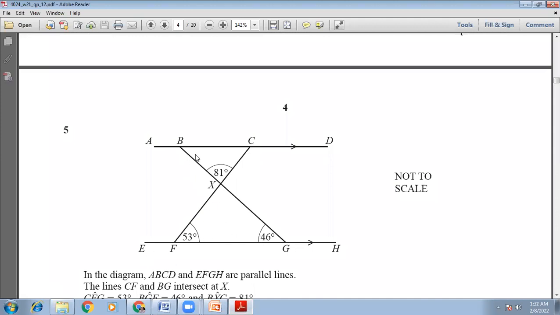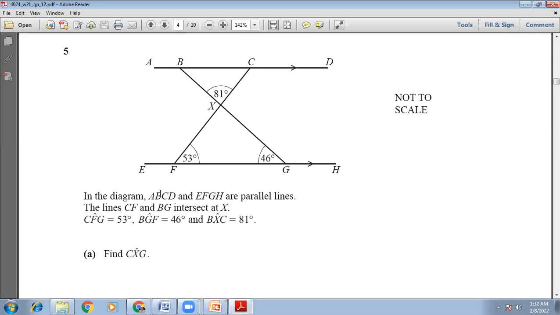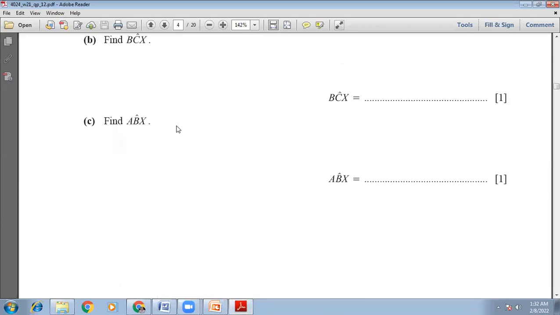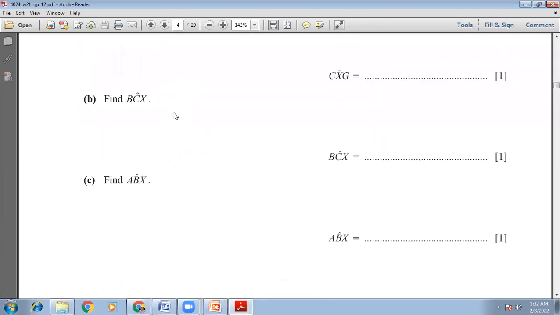This angle will also be 46, alternate angles. And because this is a straight line, the sum of this 46 and this angle will be 180. So from 180 subtract 46, you will get this angle. So this is, my dear students, how we'll do question number 5.